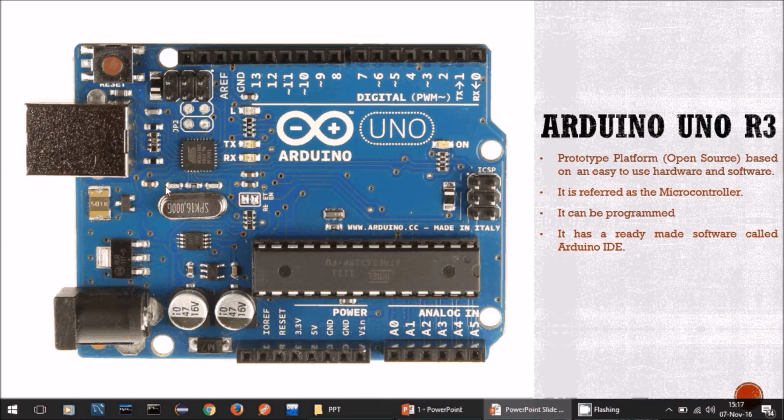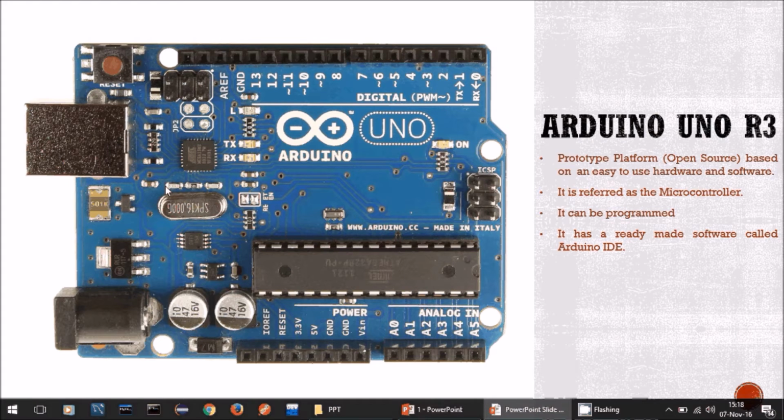It has both hardware as well as software. The Arduino hardware is also referred to as a microcontroller. What is a microcontroller? Microcontrollers are those things which have their own processing unit and some memory unit, which means you can say it is a mini computer.